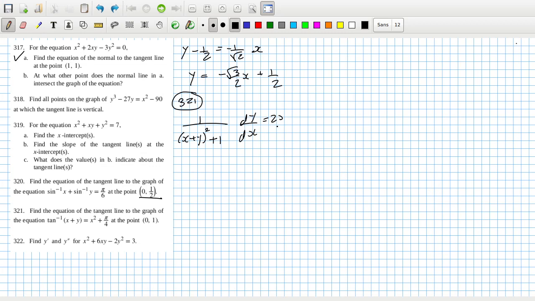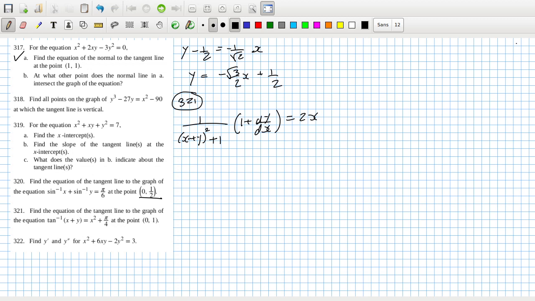Oh, no, actually, that's not quite right. The derivative of x plus y is 1 plus dy/dx, so it should be like this. Equals 2x. Right, so then we have the point (0, 1). So x is 0, y is 1.